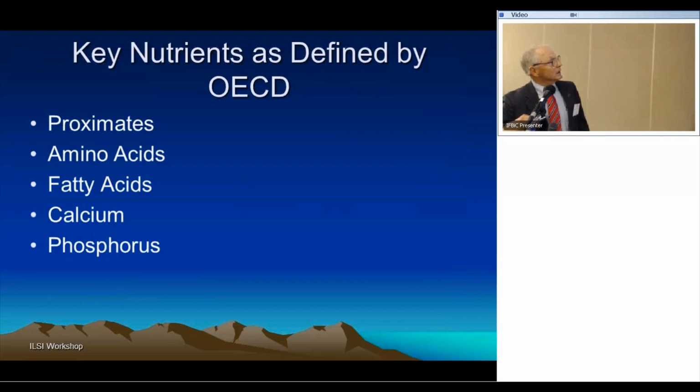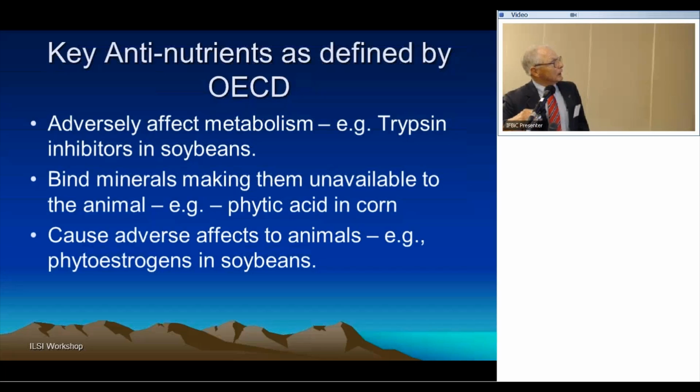Key nutrients as defined by OECD: we have proximates, amino acids, fatty acids, calcium, phosphorus. Key anti-nutrients as defined by OECD are those that adversely affect metabolism. For example, trypsin inhibitors in soybeans. They have those that bind minerals and make them unavailable to the feed, phytic acid in corn.